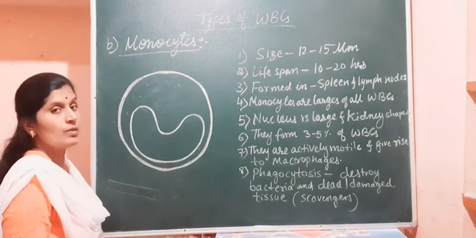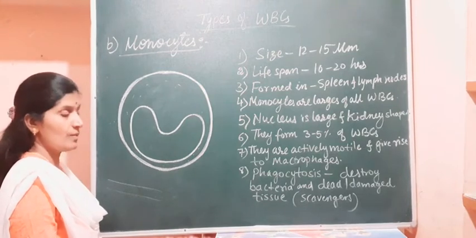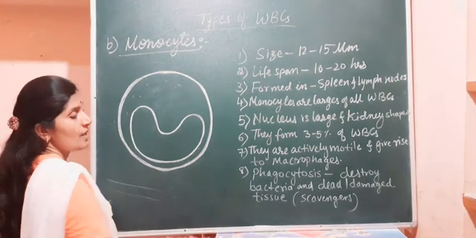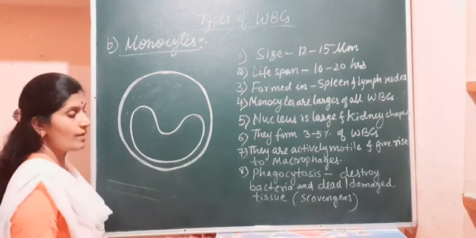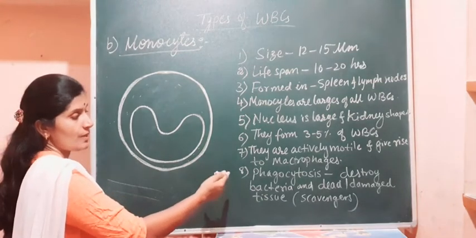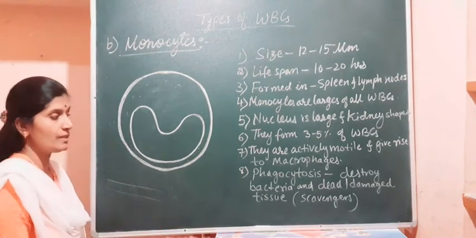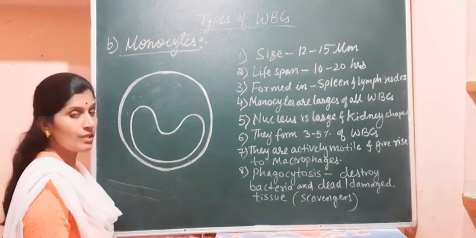When monocytes come out, they get converted into macrophages, which have phagocytic nature. They perform phagocytosis, and with its help they destroy bacteria and dead or damaged tissues.